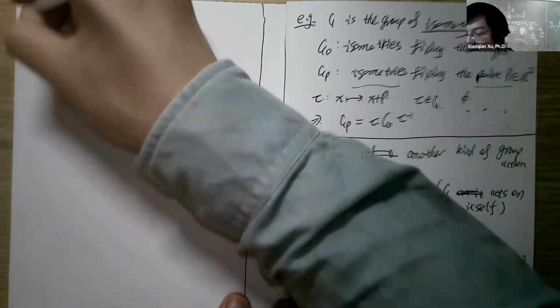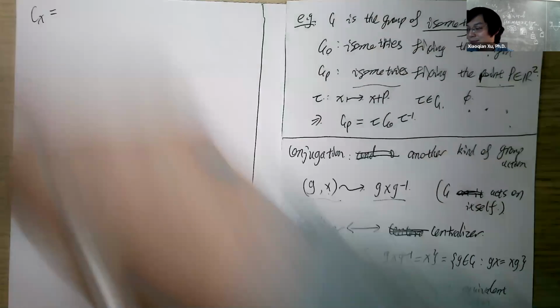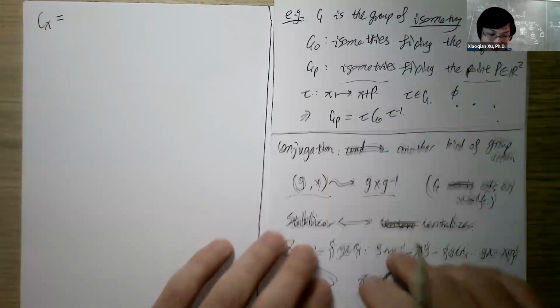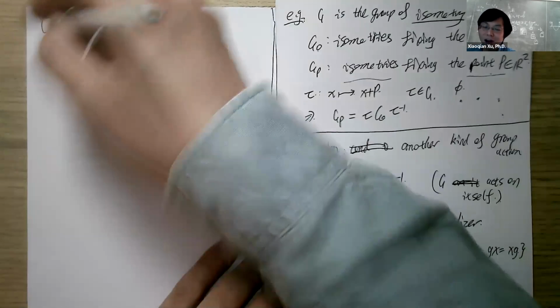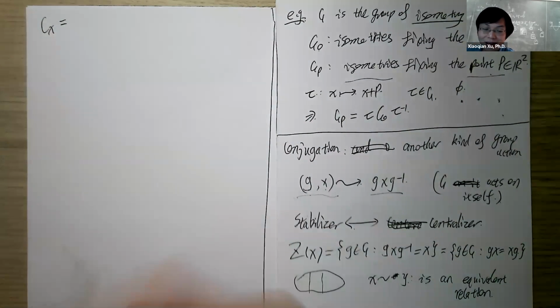Let's call this Cx again. This is the conjugacy class, or something like the orbit of an element x.